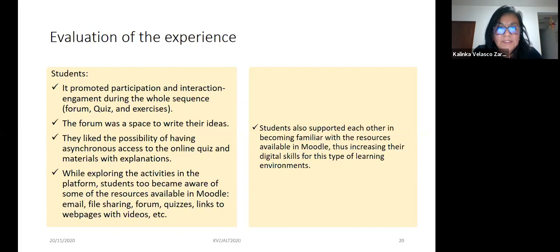They liked the possibility of having asynchronous access to the online quiz and materials with explanations. And while exploring the activities in the platform, students became aware of some of the resources available in Moodle: email, file sharing, the forum, quizzes, links to web pages with videos. Students also supported each other in becoming familiar with the resources available in Moodle, increasing their digital skills for this type of learning environment.